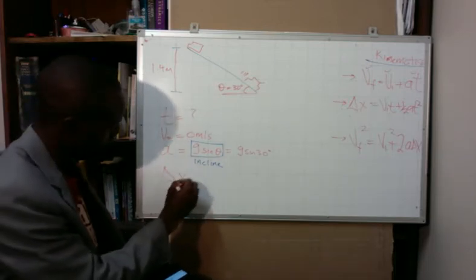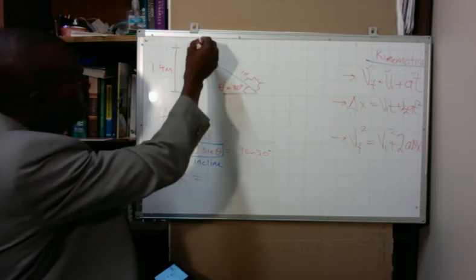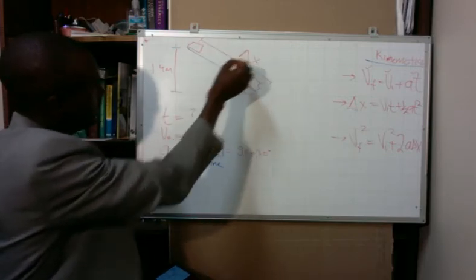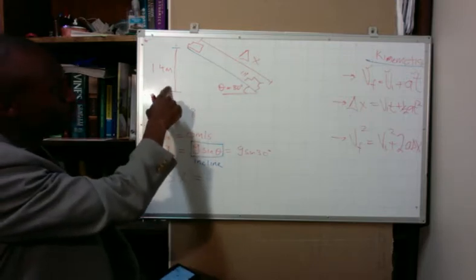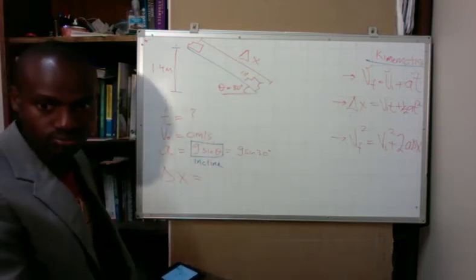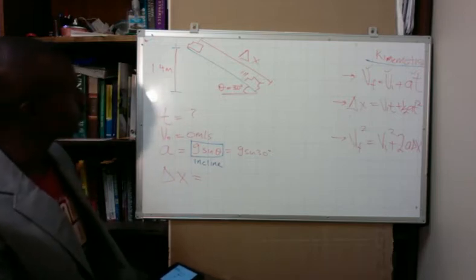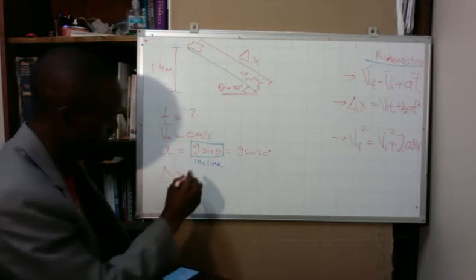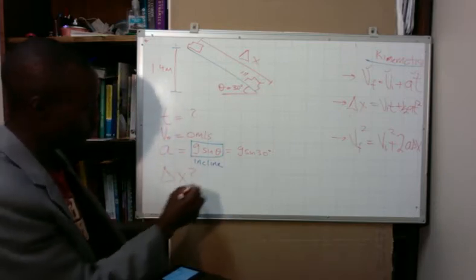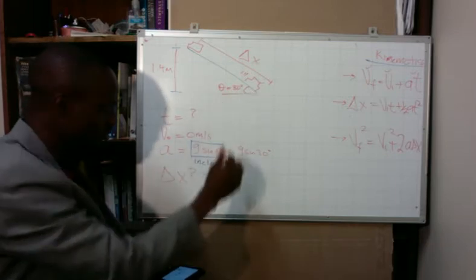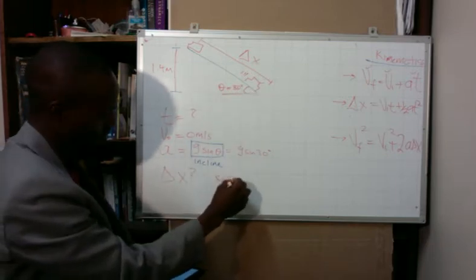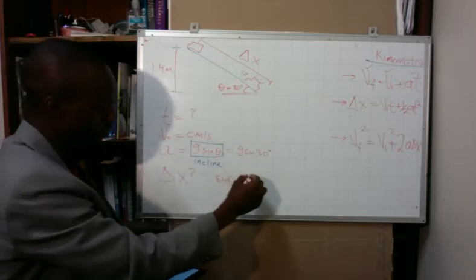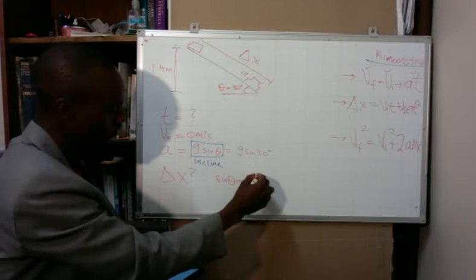That would be 1.4, right? No. But here's the trick. Delta x is actually this. It's going to be related to 1.4 using trigonometric ratios. So we have to do a little bit of work to find delta x. We would have to say that the sine of the angle is 1.4 divided by what?